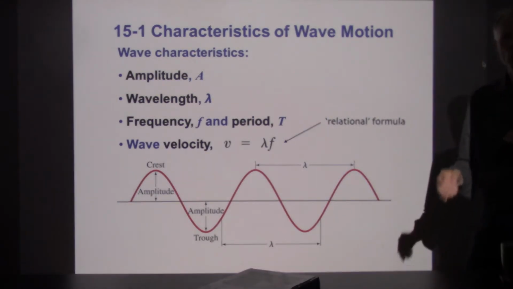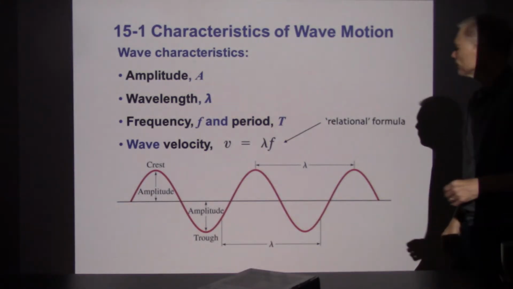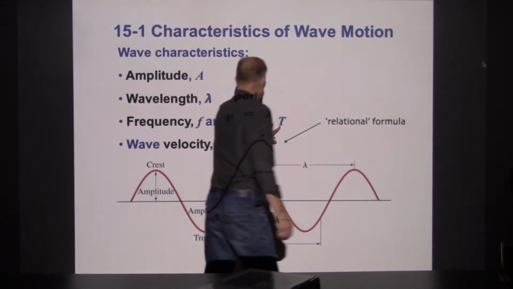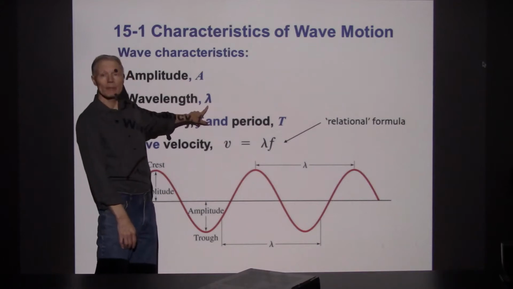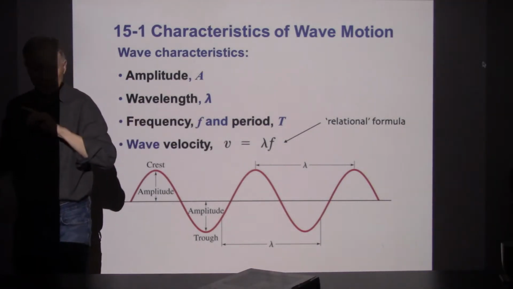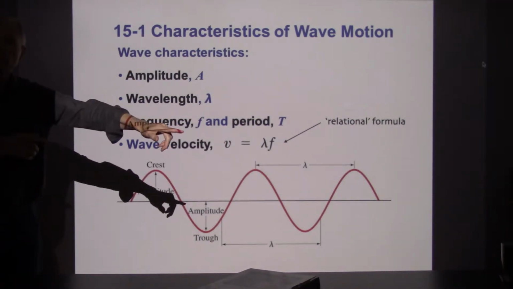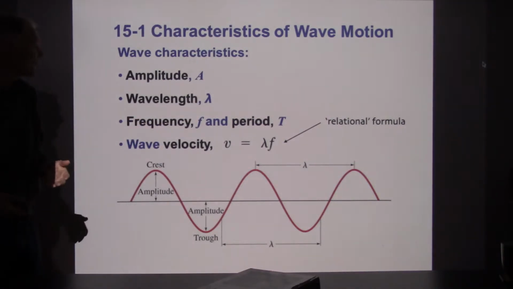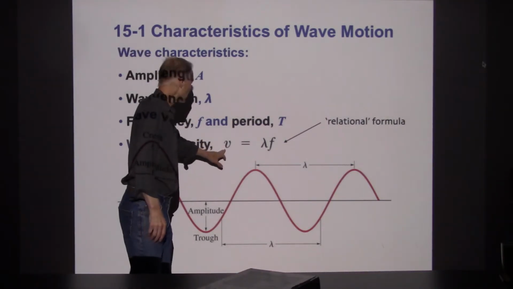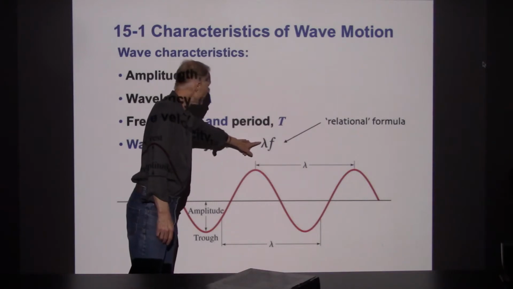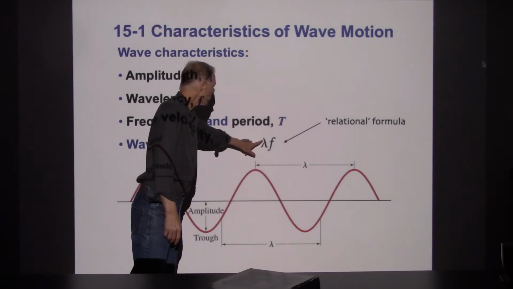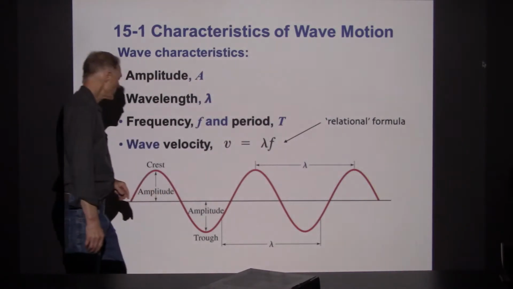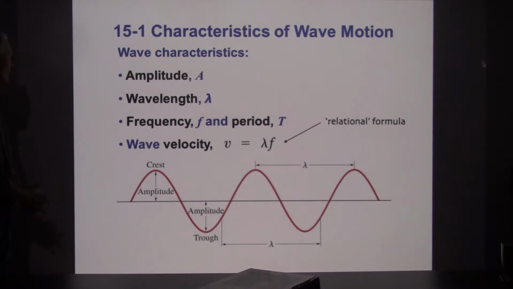So that says that during one period, the wave profile moves one wavelength of propagation, and that says that the speed of that effect is going to be related to wavelength over period, or wavelength times frequency. So that's how those are all related.